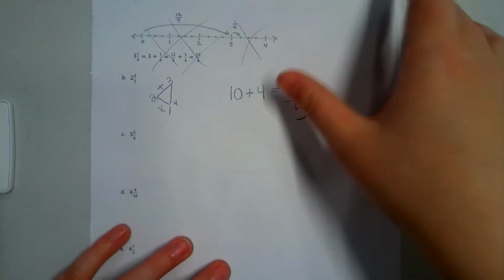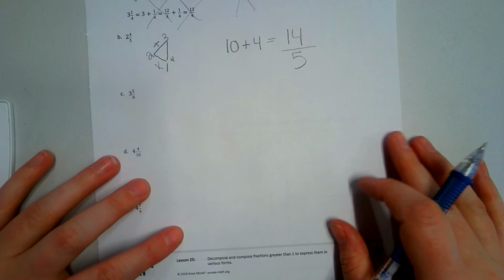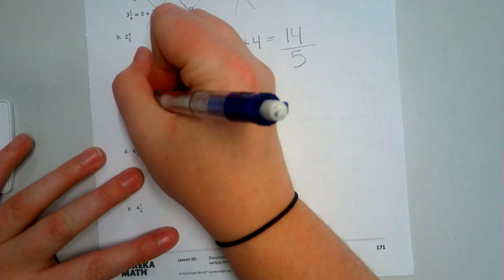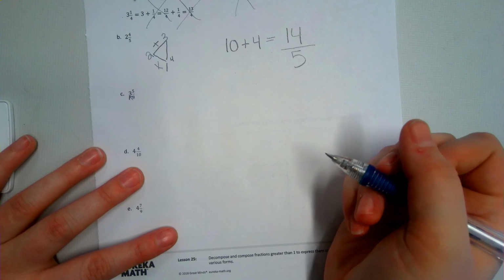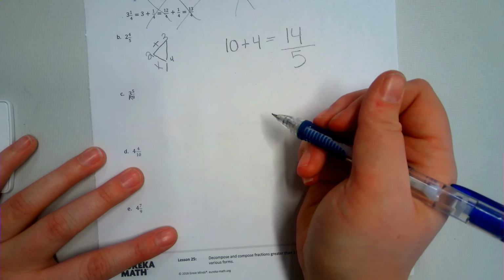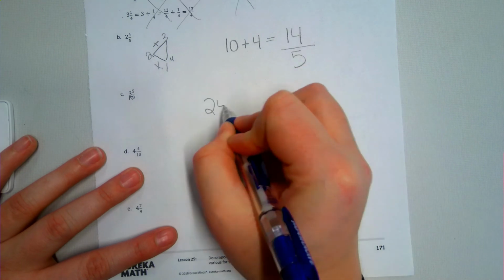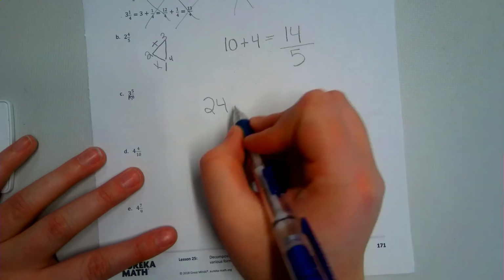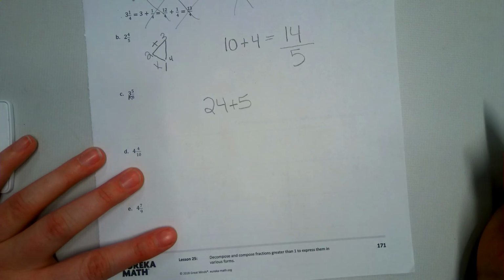So let's look at this next one. Now I'm going to have some bigger denominators, but it doesn't change how we do it. So I'm going to go from my step up to here. So 8 times 3. What do I get when I multiply 8 times 3? I get 24. Add in my 5 because I'm going from this step.